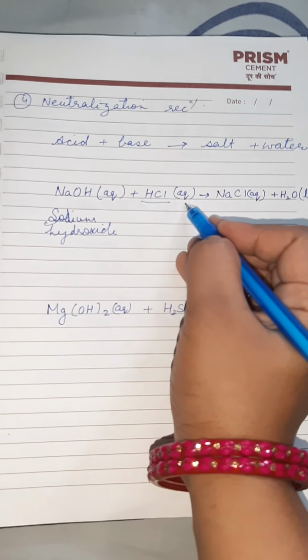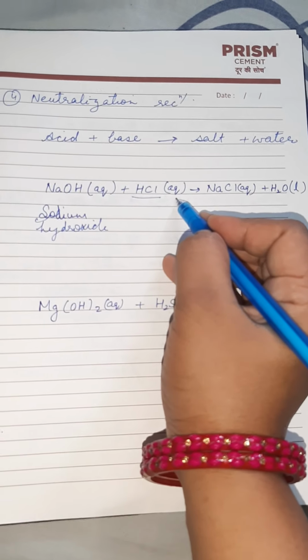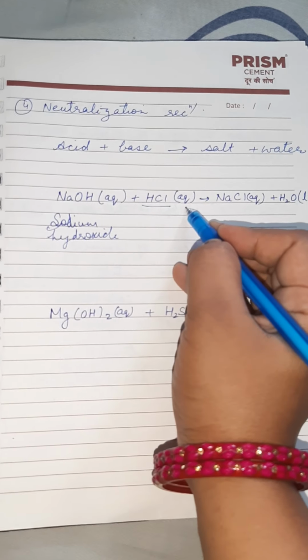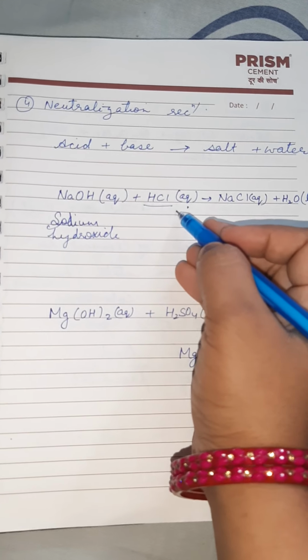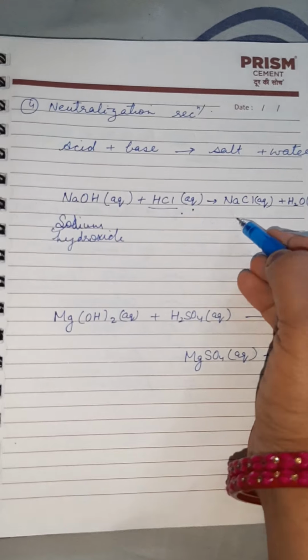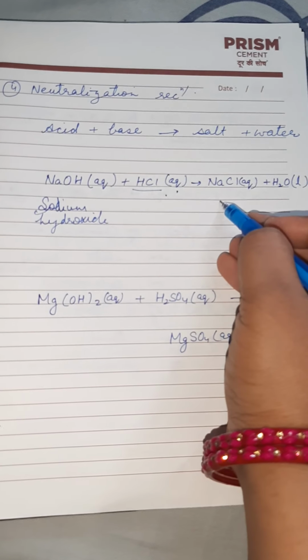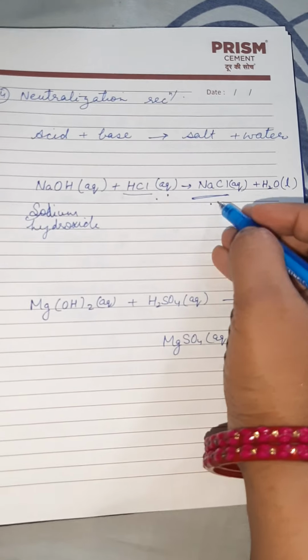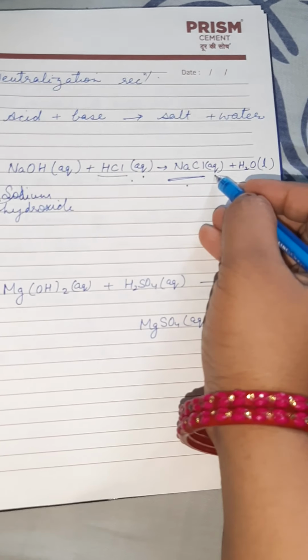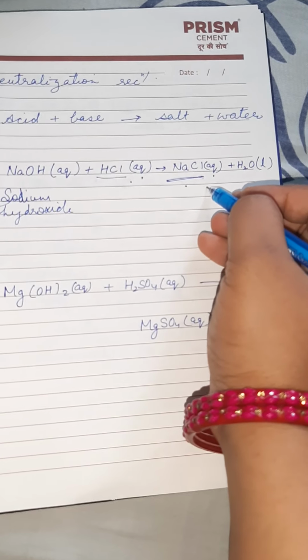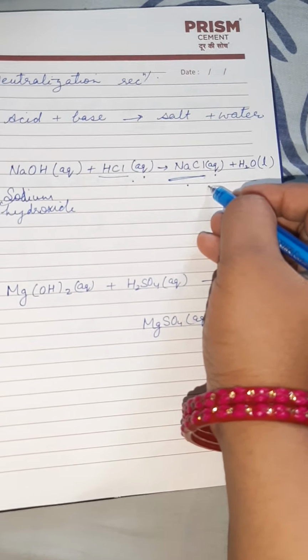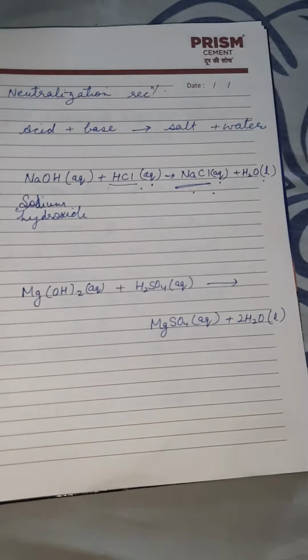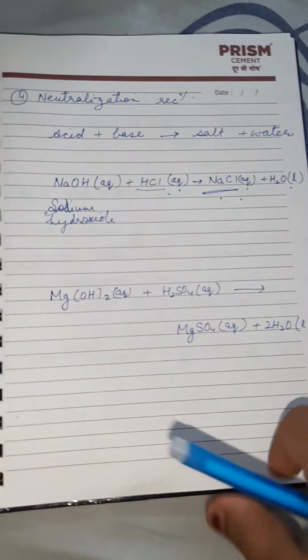It is also used in aqueous solution form, as HCl is a very strong acid, can't be used directly. So aqueous solution is formed and it results in sodium chloride. Sodium chloride is salt. It means aqueous solution of salt, salt dissolved in water, is formed and water is released. Water is obtained.